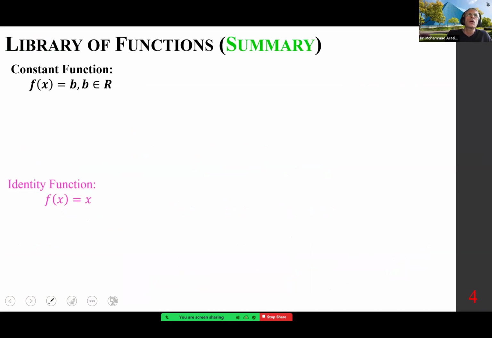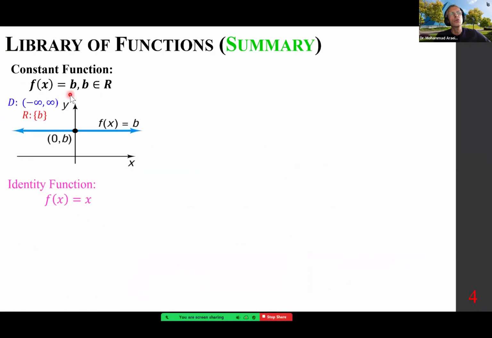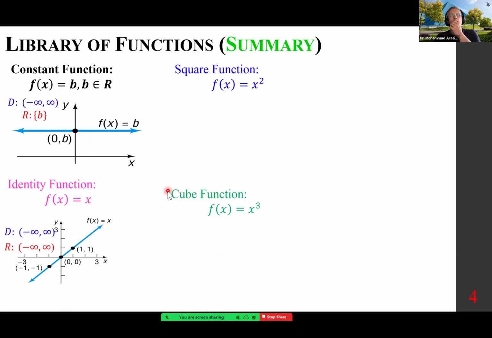To do this section, I want to look at the library of functions one more time quickly. These are elementary functions. You should know the graphs. For example, f of x equals b, or y equals b, is a constant, such that the domain is all real numbers and the range is only one point, b. The identity function, f of x or y equals x, is a line through the origin with domain and range being all real numbers.